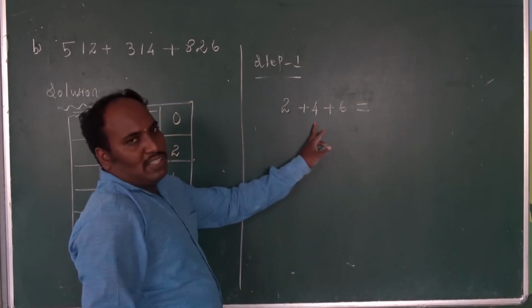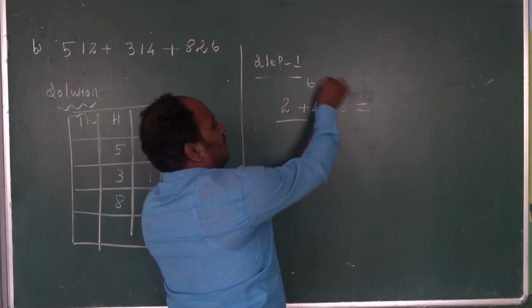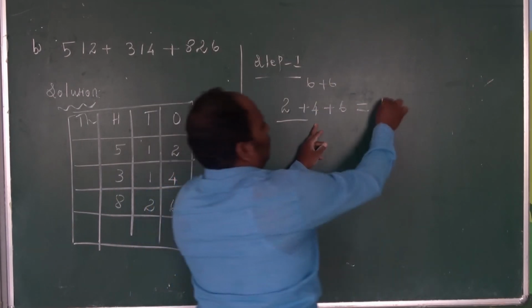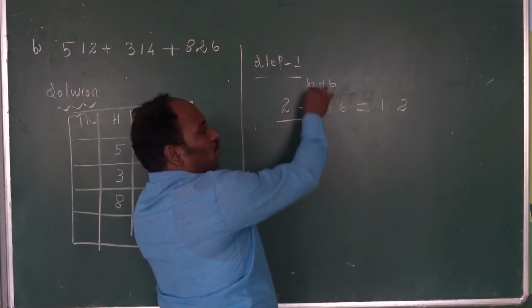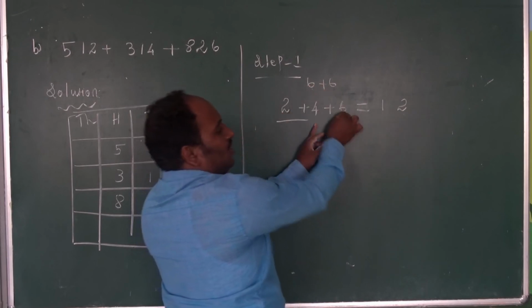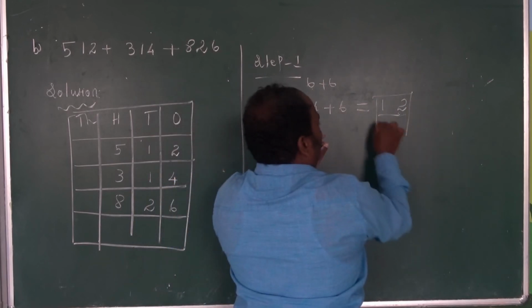2 plus 4 is equal to 6. Then 6 plus 6 is equal to 12. 12 ones. We take the place value of 12.